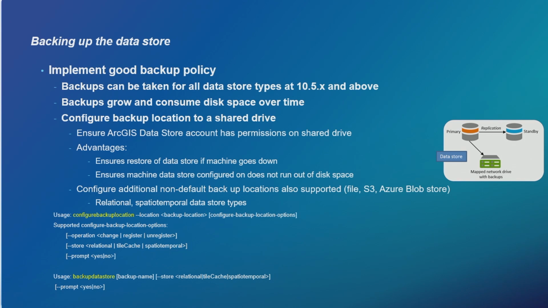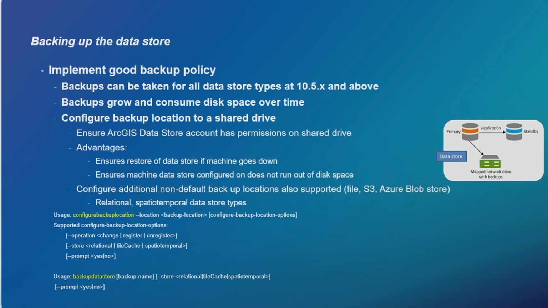This has several advantages. One, the disk space on the machine where you configured the data store is not going to get used up. And two, if something happens with a data store machine, you have a way of restoring it. You just go to your network share and restore on a different machine.